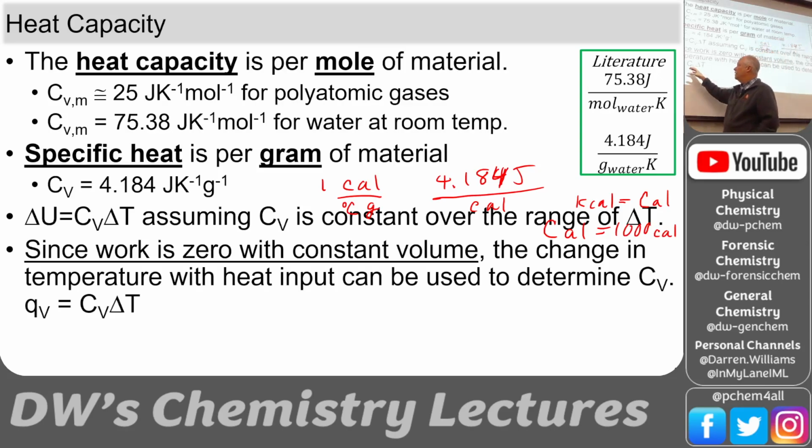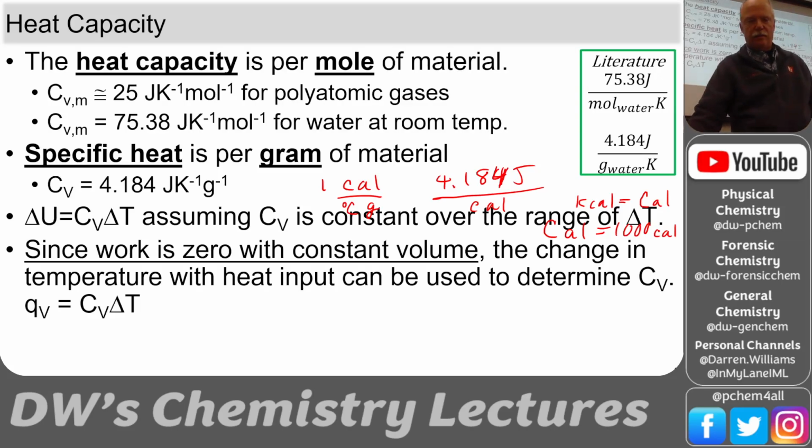So we can take this, the basics of our calorimetry experiment. We can measure the delta T, and if we know the heat capacity, we can determine the heat. If we have a reaction that gives us a known amount of heat, and we measure the change in temperature, we could solve for CV. And so we do that kind of calculation a lot.